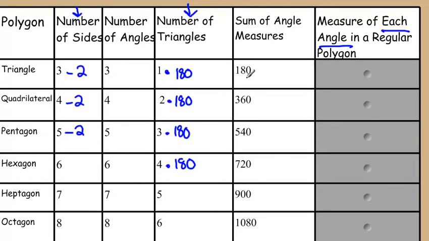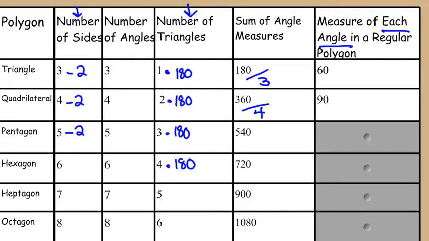What do you guys think? You guessed it. We divide by the number of angles. So when we divide, we get 60 degrees for each. If we do that for a quadrilateral, we can't divide by 3 anymore because there are 4 angles. If we divide, we get 90 degrees for each.